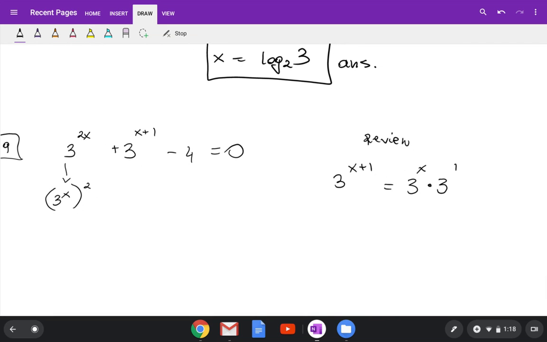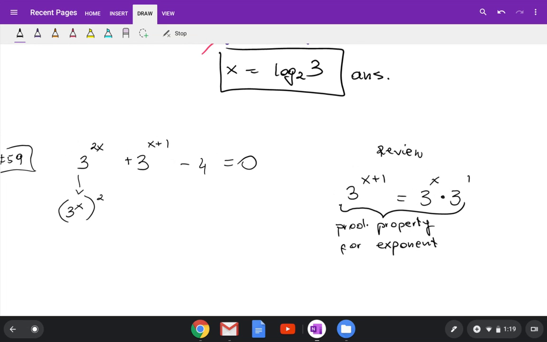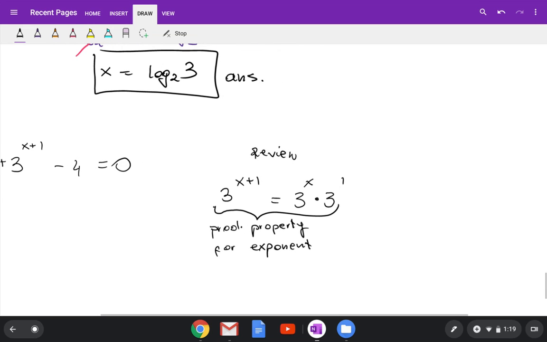So here we have the product property for exponents. The sum of exponents is the same as the product of exponential expressions of the same base. And to simplify that, this is the same as 3 to the power of 1 times 3 to the power of x, which is just 3 times 3 to the power of x.